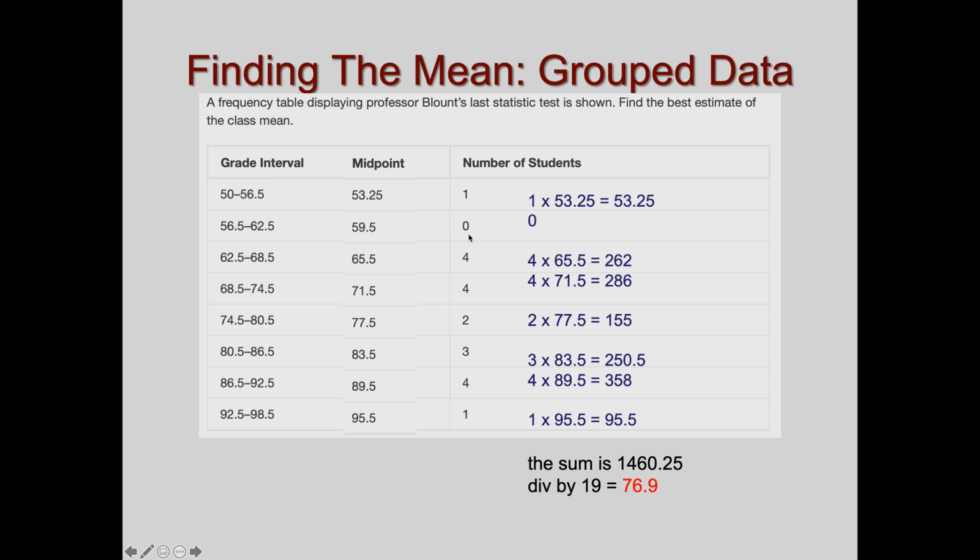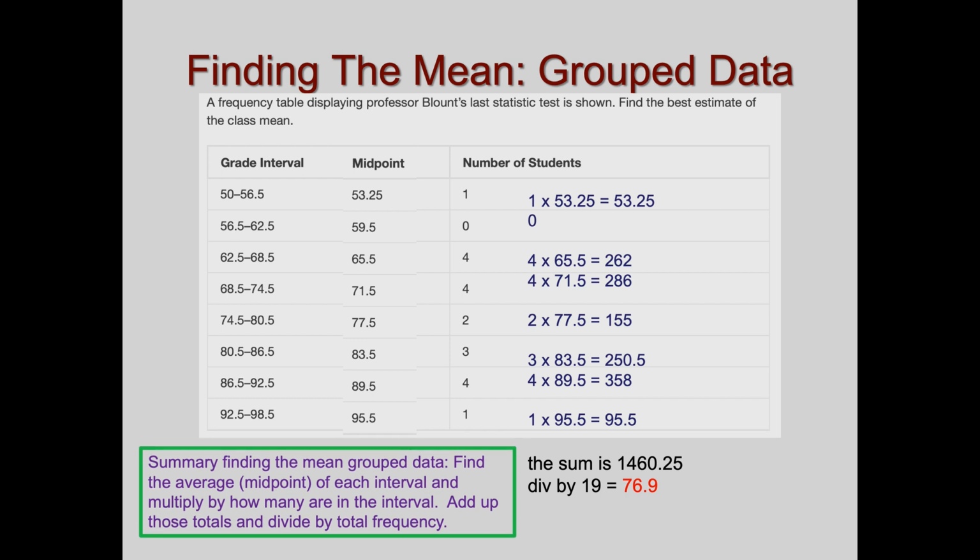There's 1 plus 0 is 1, and 4 is 5, and 4 is 9, and 2 is 11, and 3 is 14, and 4 more is 18, and 1 more is 19. So I want to do this sum, which is 1460.25, divided by 19, and rounding off, I get 76.9. And that's how I figure out the mean from grouped data.